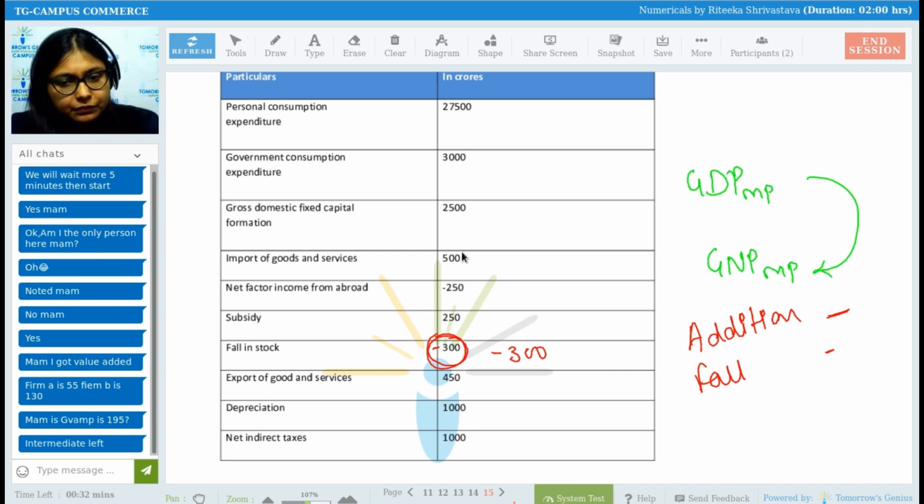So I was going to say fixed capital plus minus 300, so 2500 minus 300, like this.